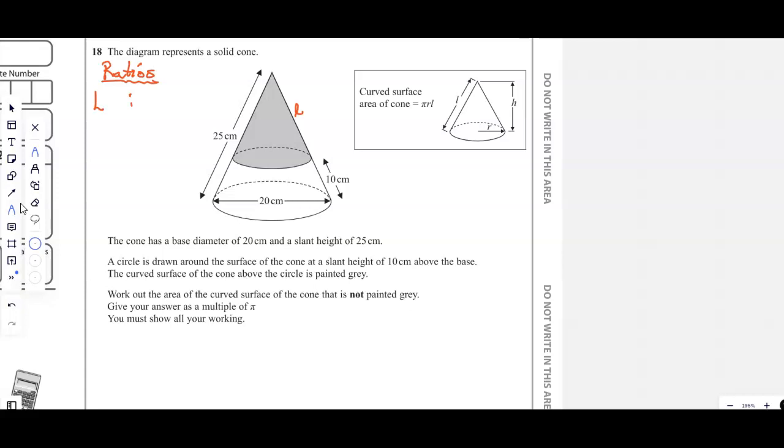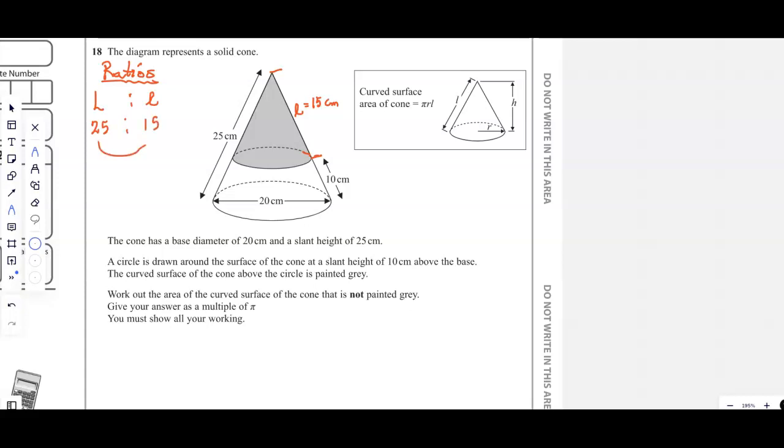If the slant height for the large cone is 25 centimeters, and from the base of the cone to the circle is 10 centimeters, we can work out the slant height by taking 10 from 25, which gives 15 centimeters. So this slant height is 15 centimeters, and this is going to be small l.